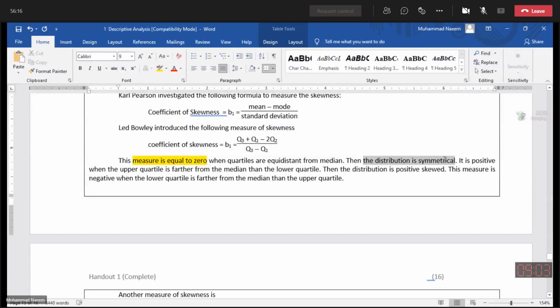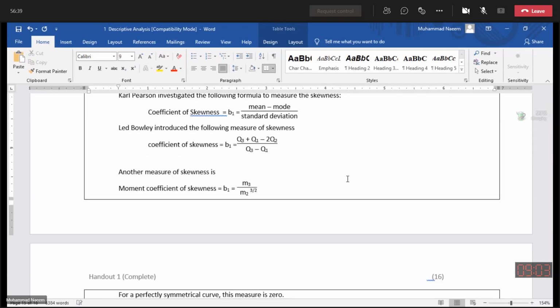And for B1, we should write here a general case for all.